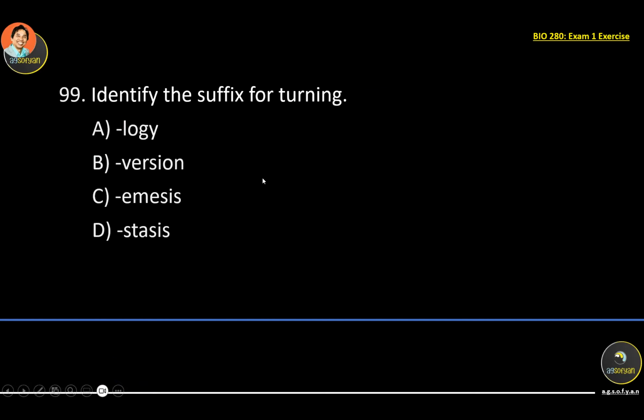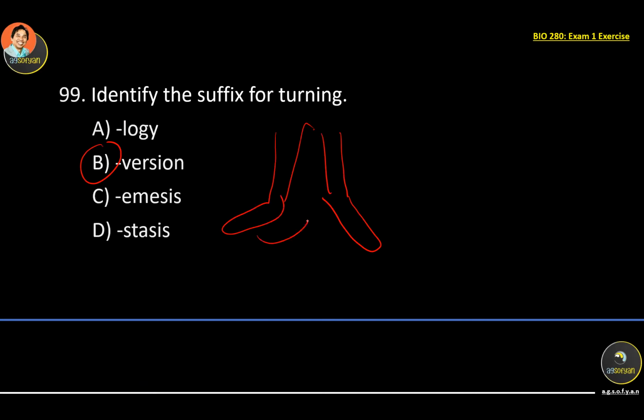The suffix for turning. A, B, C, or D. This is going to be version. For example, let's say this is our body, and we have food like this. When you're turning your food inside like that, this is called inversion, turning the food inside.